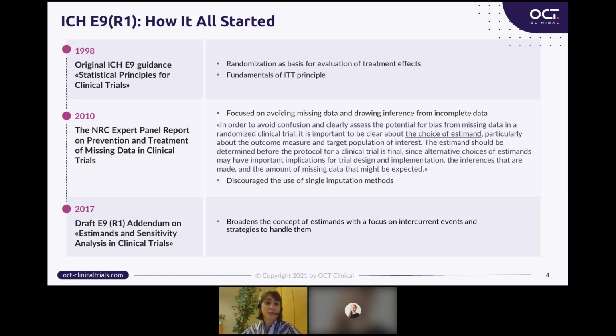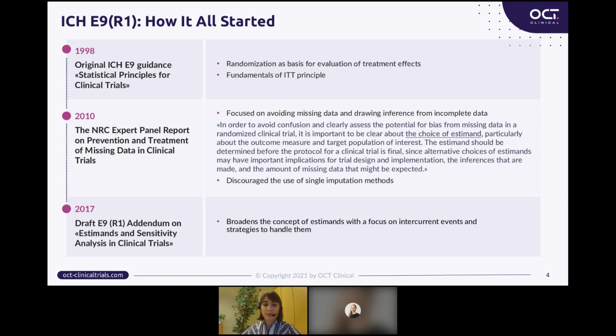It focused on avoiding missing data and methods of drawing inferences with incomplete data, and also discouraged the use of single imputation methods, which were frequently used in several therapeutic areas. Interestingly, it was also the first official document to mention estimands.